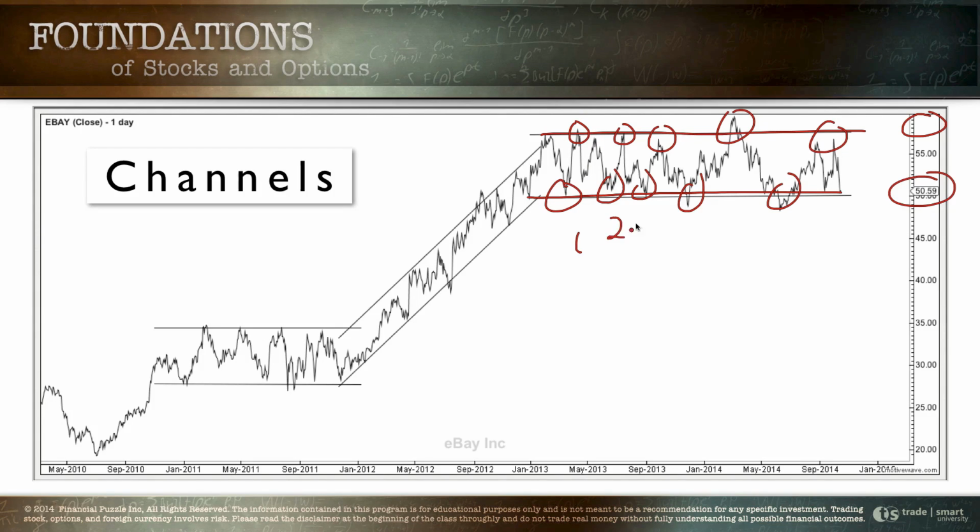Let's just call that 1, 2, 3, 4, 5 opportunities, and we'll just make this very conservative. We'll say we made $6 a share on each of those. So what is that? 5 times 6 is what, $30? So over the course of a year here, maybe a year and a half, we could have easily made another 50% or better of the value of this particular trade.